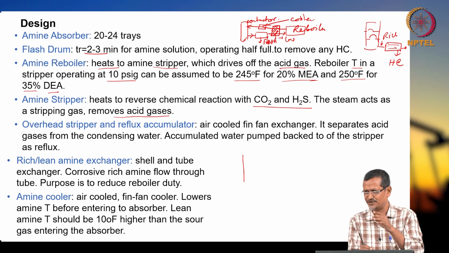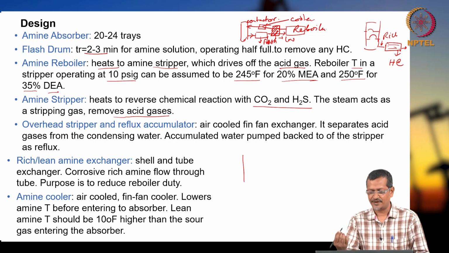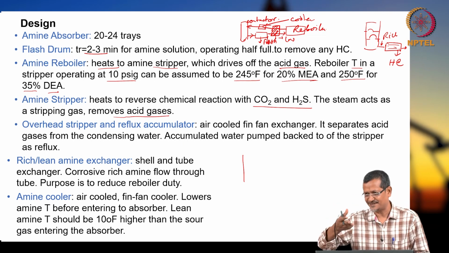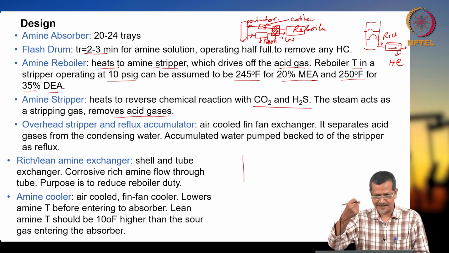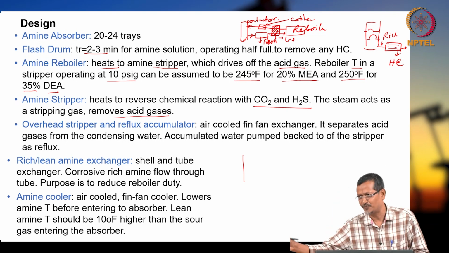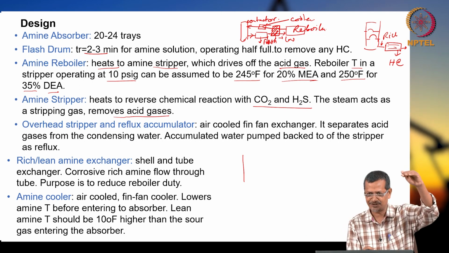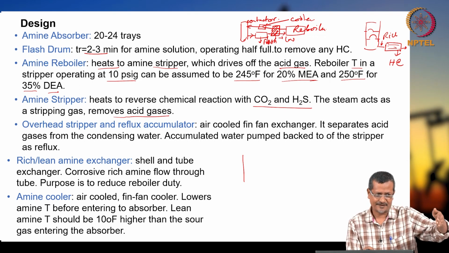The heat that the cooler removes, you may not use. But before that cooler, you are exchanging heat: from the lean mixture you are taking heat and giving it to the rich mixture, then putting that into the reboiler, and the lean mixture with lower temperature goes to the cooler section. The cooler reduces the temperature further, then you put it into your absorber section.